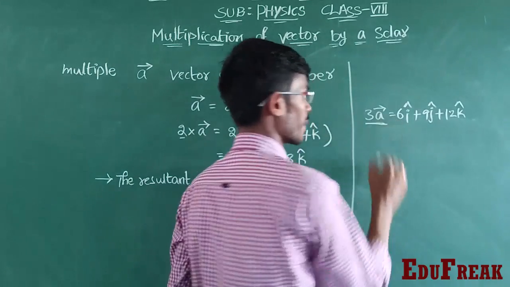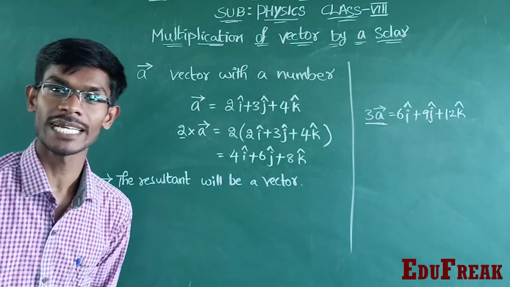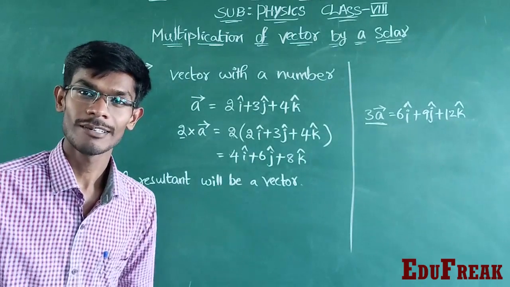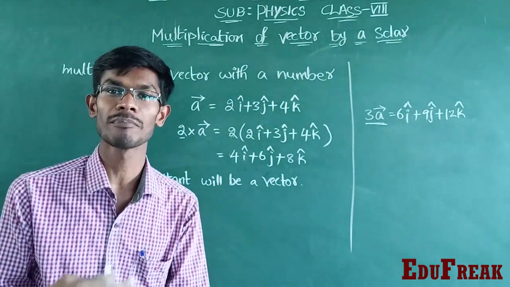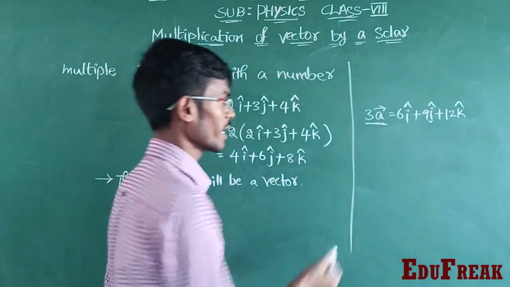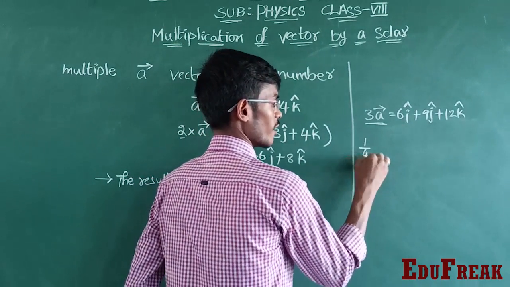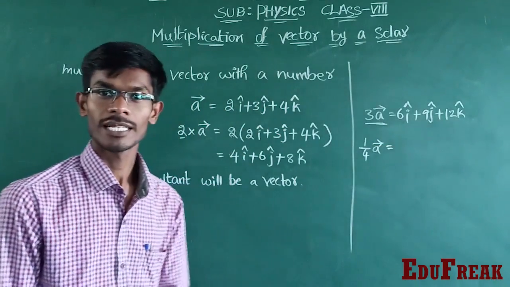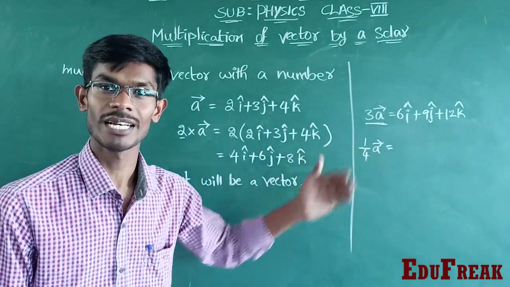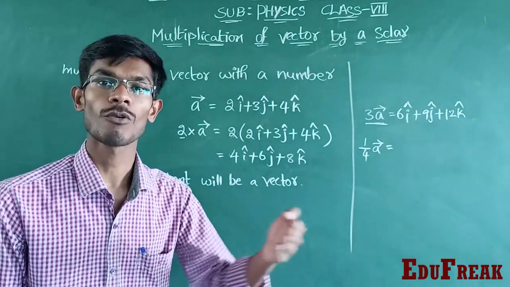Here the vector A bar is getting tripled when we multiply with the positive number 3.